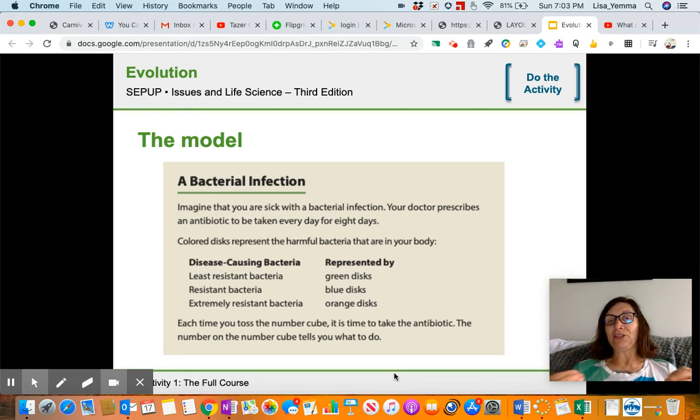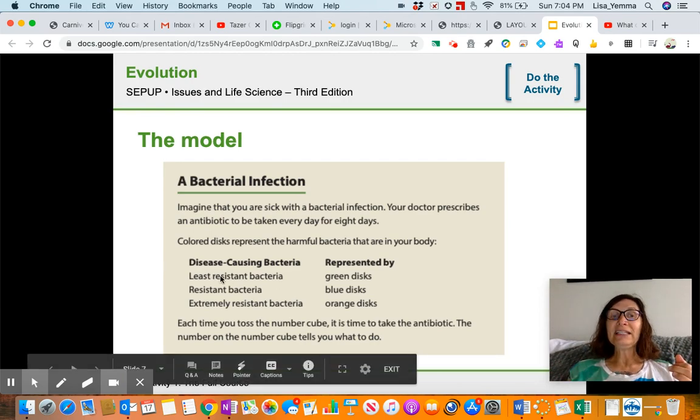So you're going to imagine that you're sick with a bacterial infection. Your doctor prescribes you antibiotics to be taken every day for 8 days. You've probably been on some that are for 10 days, maybe even 5 days. So there's a range of how long. You would have gotten colored discs, and you would have gotten green discs that represent the least resistant bacteria.